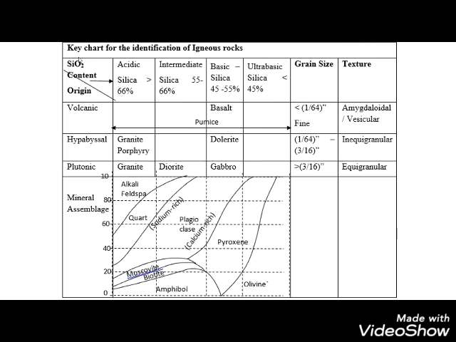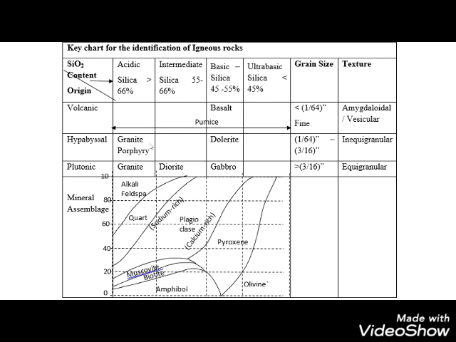If you remember the key chart which I showed you during your theory classes, based on silica content, igneous rocks are classified into acidic, intermediate, basic, and ultra basic. And based on origin, it is volcanic, hypabyssal, and plutonic.